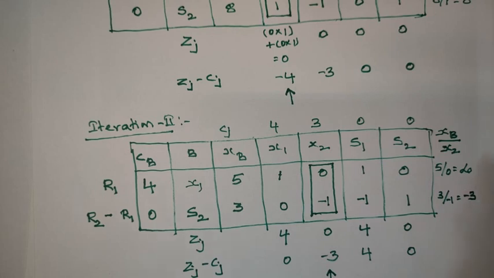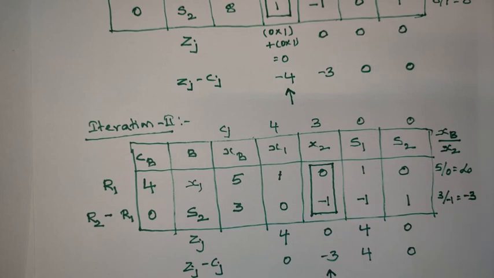So whether we need to take infinity? No, as it is the highest value in the positive. We don't have a minimum positive value. So we are unable to identify the minimum positive value in these two. So the key row cannot be identified.